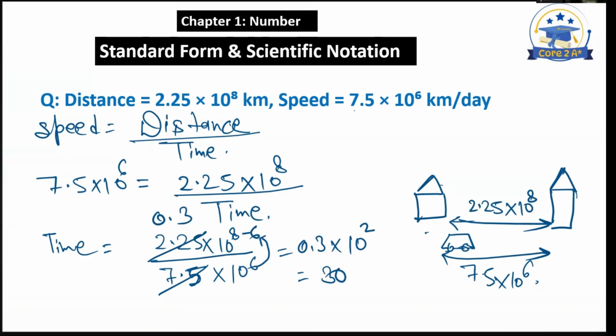It's 30. 30 days. How much time will it take? 30 days. Okay, if the speed is 7.5 into 10 to the power 6 kilometers per day, then it will cover 2.25 into 10 to the power 8 kilometer distance in 30 days, right? That's the meaning of this question.